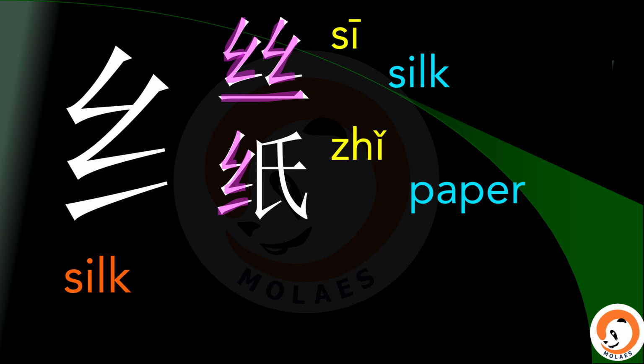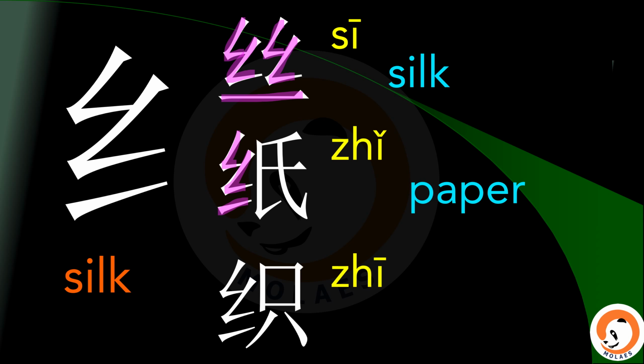Because silk was invented before paper, and the Chinese first wrote on silk. 织, to weave, also contains the silk radical. 丝 silk, 纸 paper, and 织 to weave.